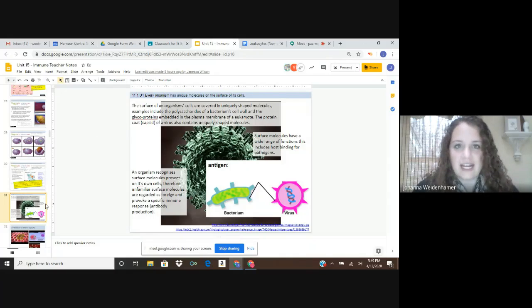So there you have it, a nice overview of what exactly non-specific immunity is, or the second line of defense. Again, the phagocyte does not know what the pathogen is. It just knows that it's an invader and it's not supposed to be there. So that phagocyte is going to come in and engulf the pathogen or the invader.